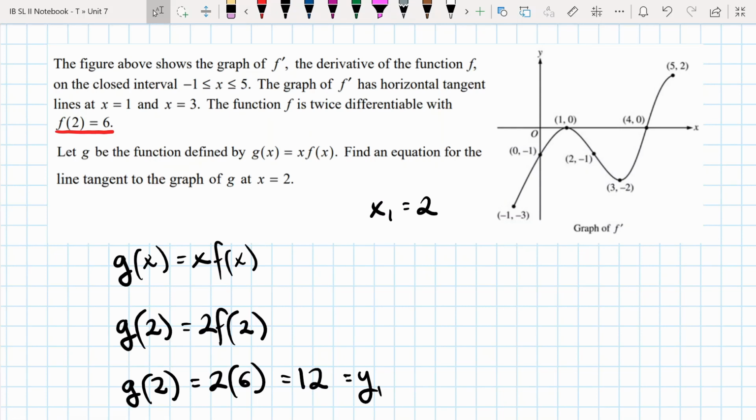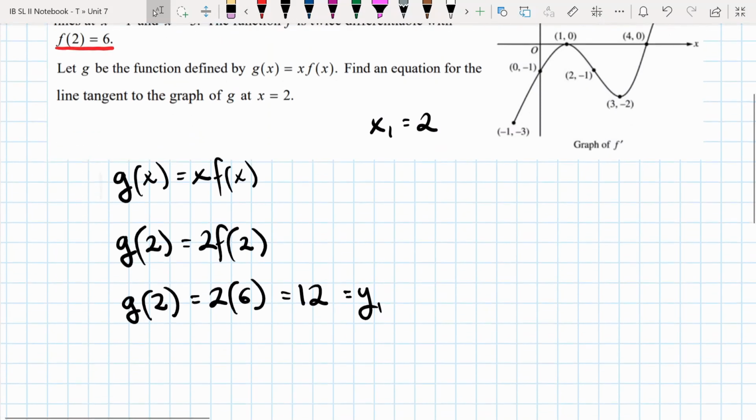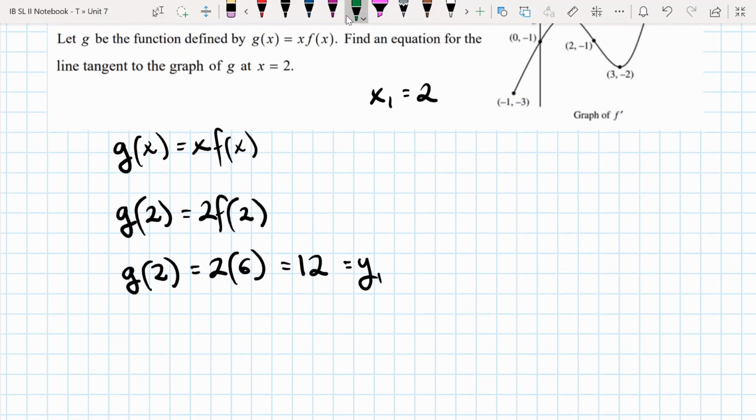Now to find the solution to this question, we need to find the derivative, or the m sub t value at 2. In other words, we need to find g prime of x.